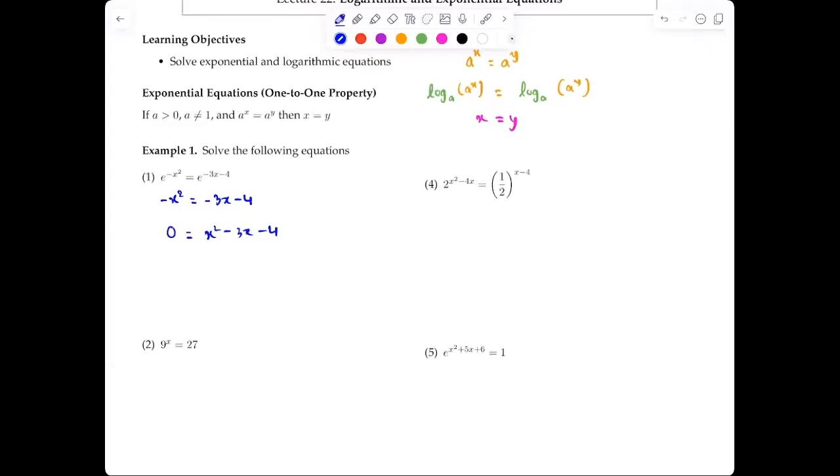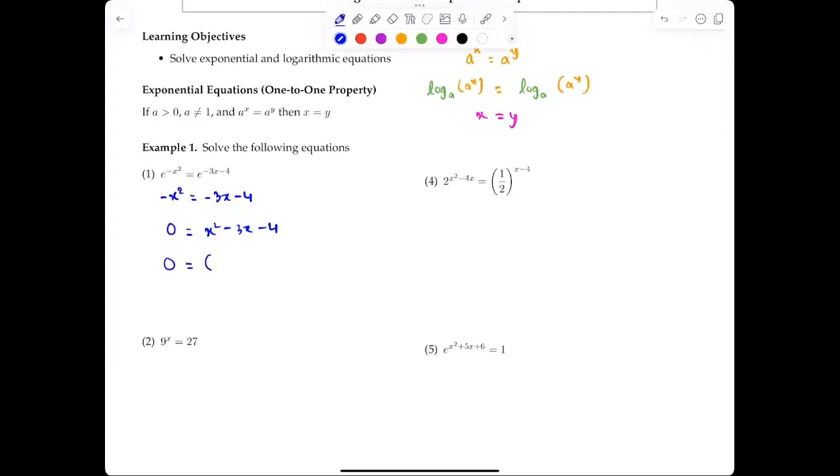I moved the negative x squared to the right-hand side because I want to avoid dealing with a negative in front of x squared. On the right-hand side you have a quadratic expression. You can factor it, or you can use the quadratic formula to solve for the solutions. Whatever means you feel comfortable with, use it.